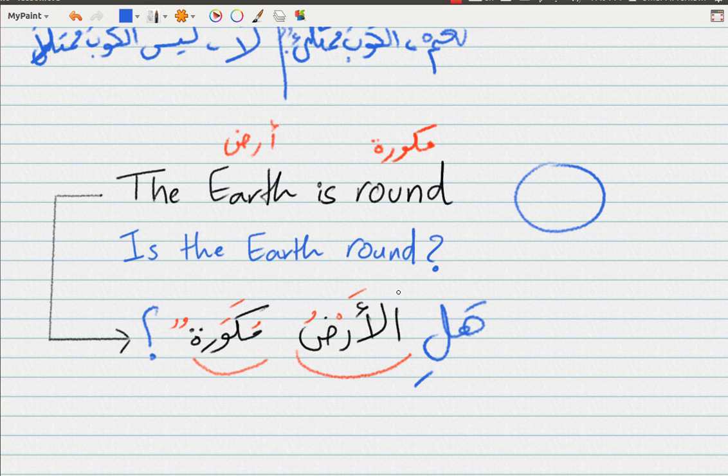So the sentence is هل الأرض مكورة. الأرض مكورة, the earth is round, becomes the question هل الأرض مكورة? Is the earth round? And there is only one possible answer for this one, which is yes. Why is that? Because it's a fact.